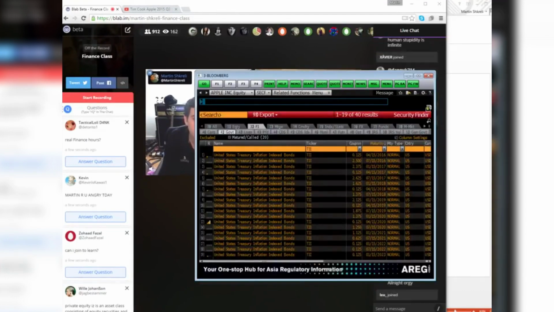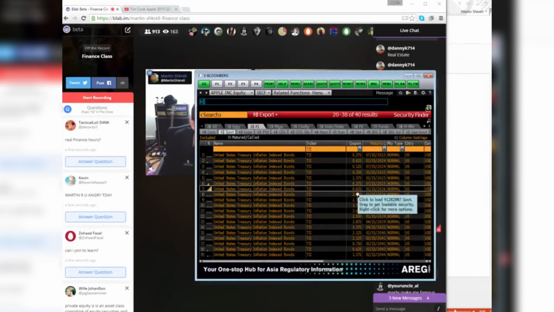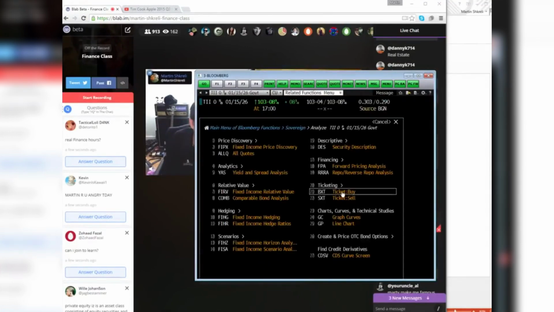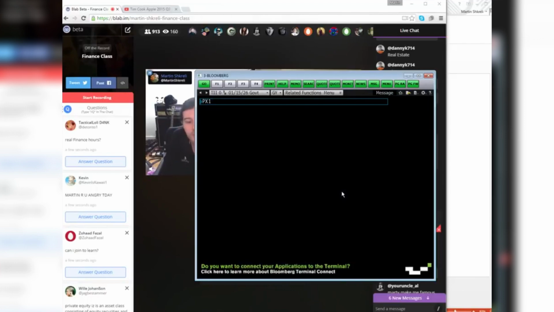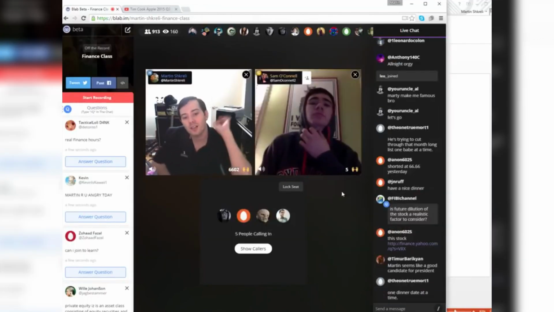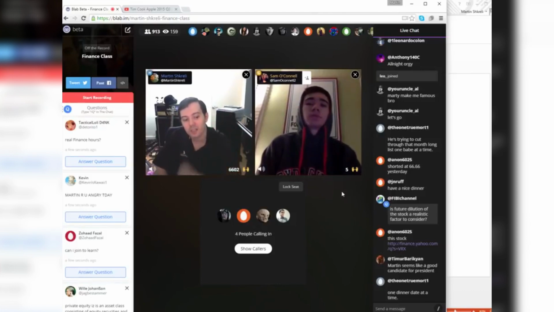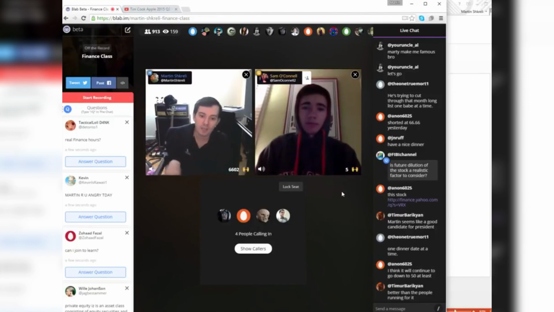Here we go. The TIPS for 10-year bonds yield 0.3%, and the 10-year bond yields 1.8%. So it's telling you that the inflation expectation is 1.5%. So any discount rate is going to include a baseline of inflation.